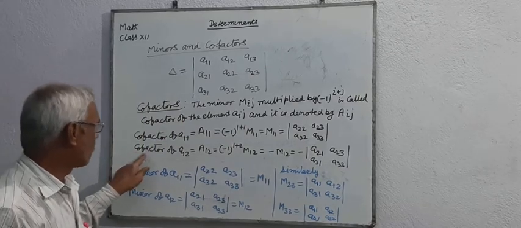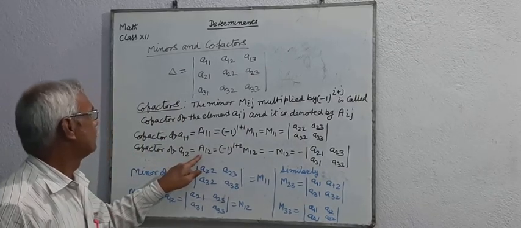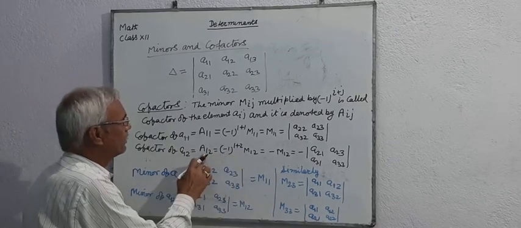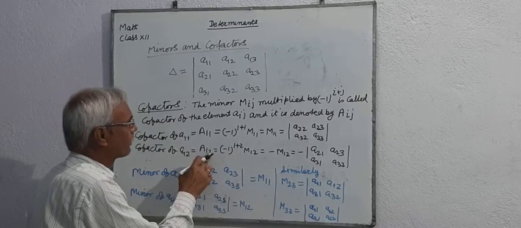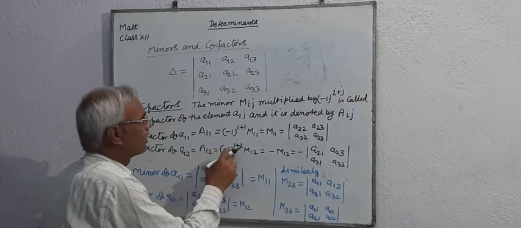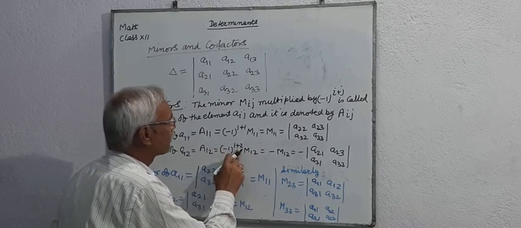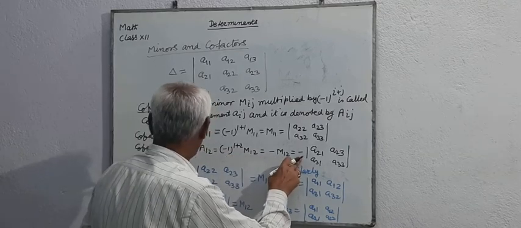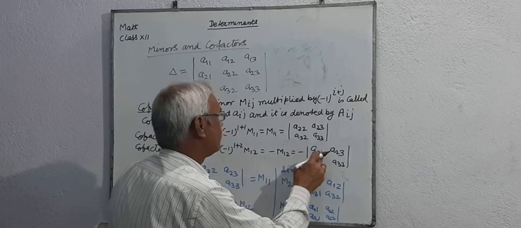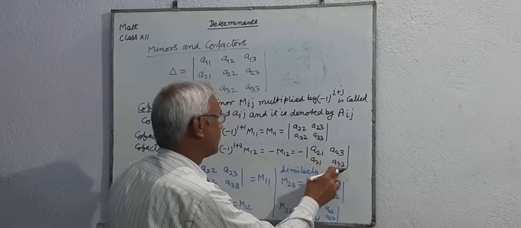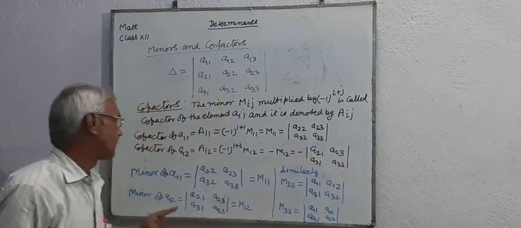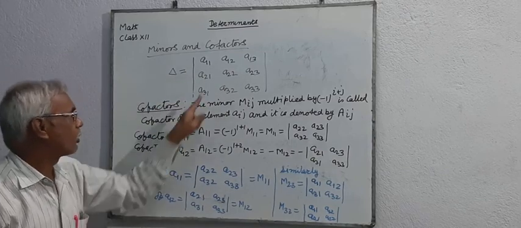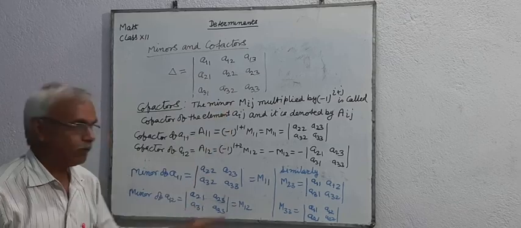Similarly, the cofactor of a12, written as capital A12, equals minus 1 to the power 1 plus 2, M12, which is minus M12, equals minus a21, a23, a31, a32. Similarly, we find the cofactor of the remaining elements in this way.